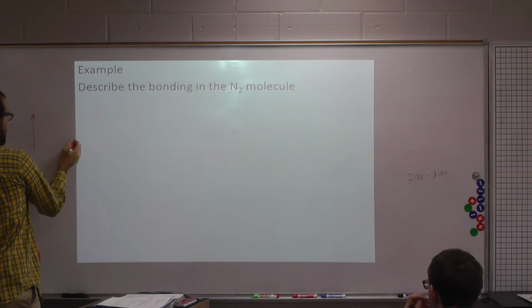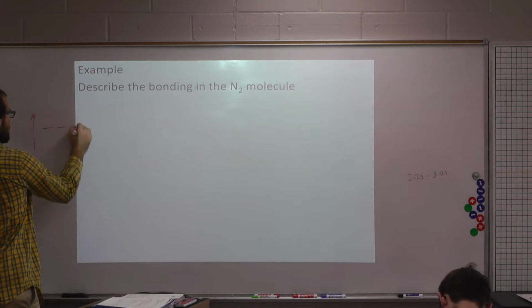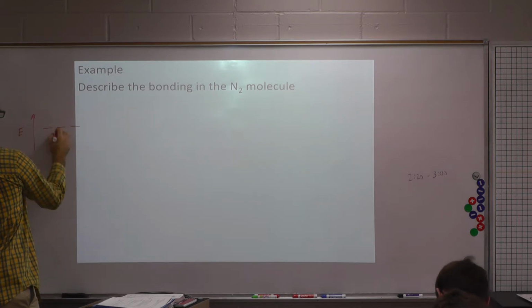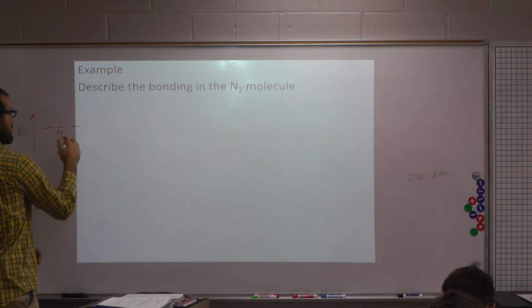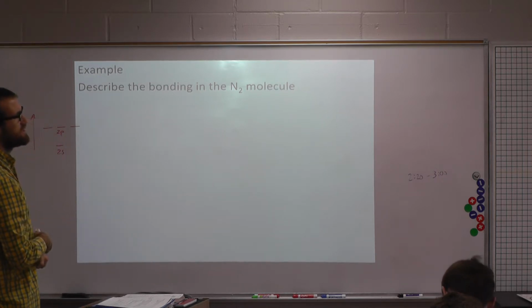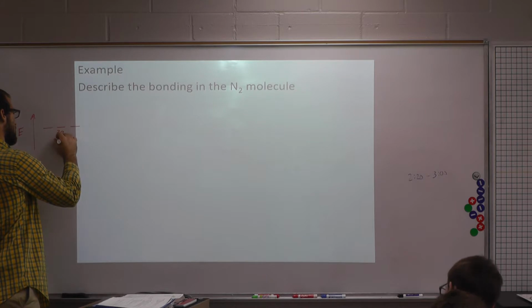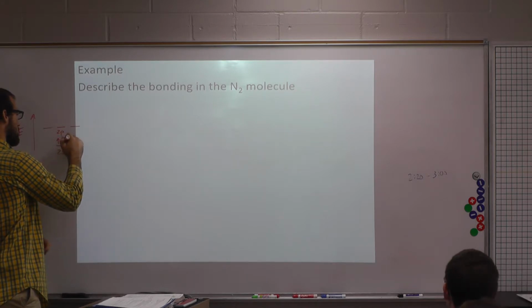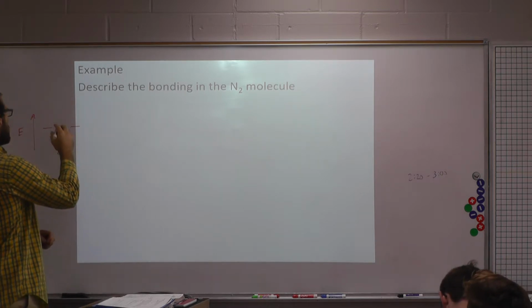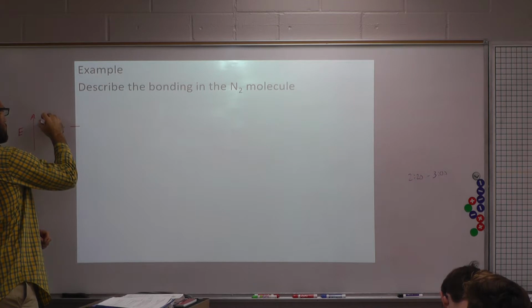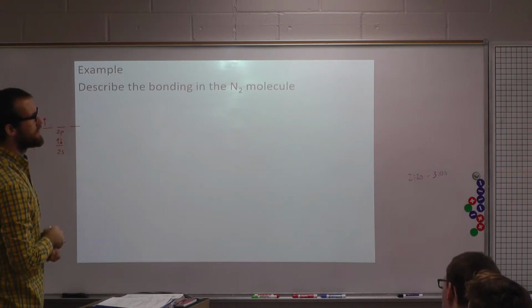Same situation here. From an energy standpoint, we still have 2p higher in energy than 2s. Now this is nitrogen, so it's going to look a little different. Nitrogen has one more.